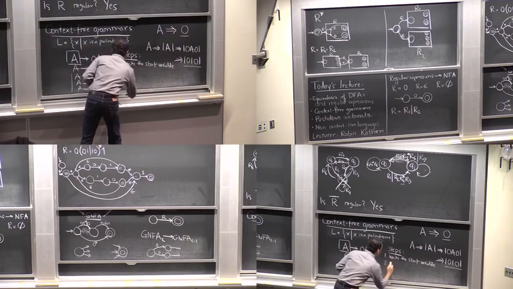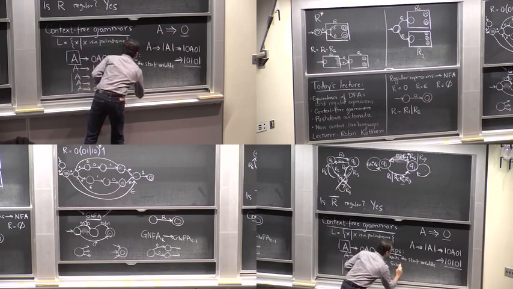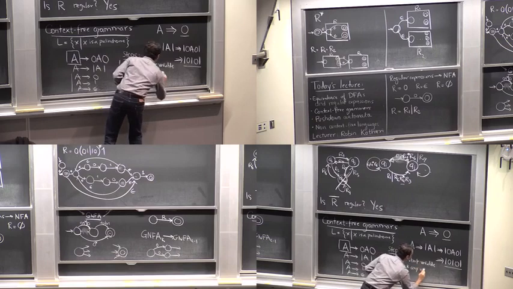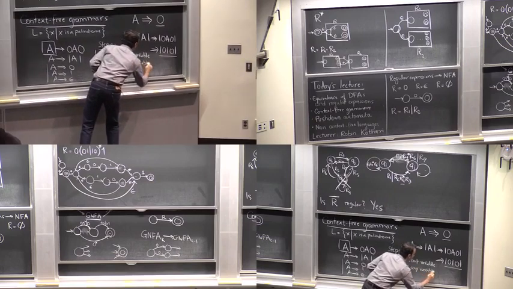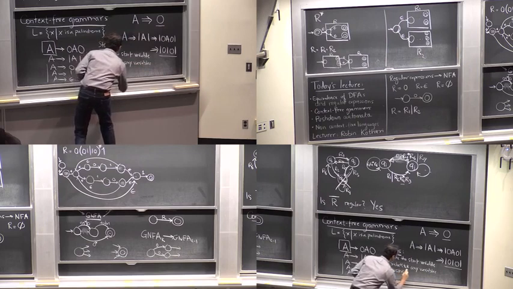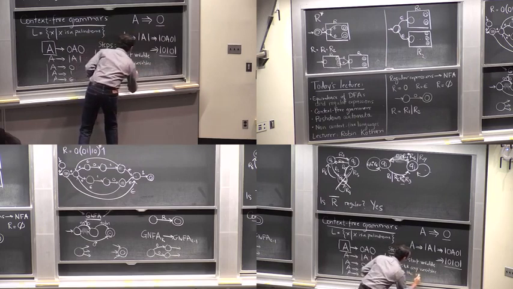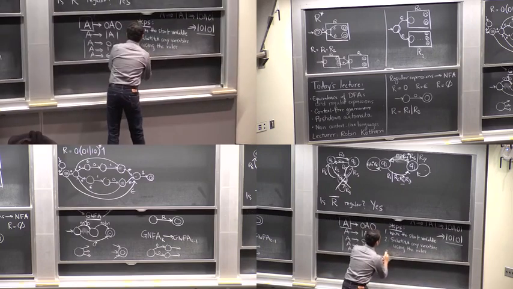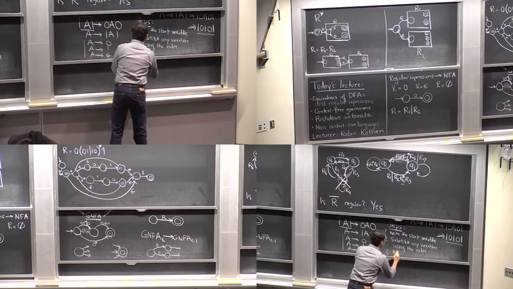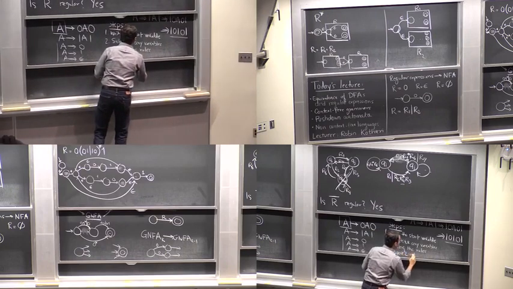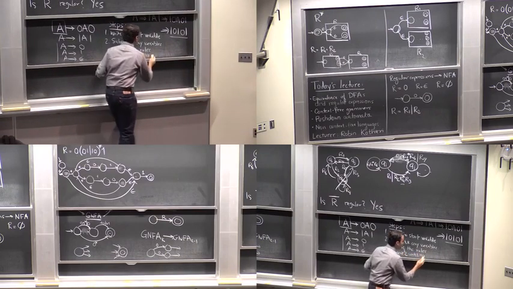And then now you're allowed to substitute any variables that appear using the rules. And you keep doing this, repeat until no variables remain.